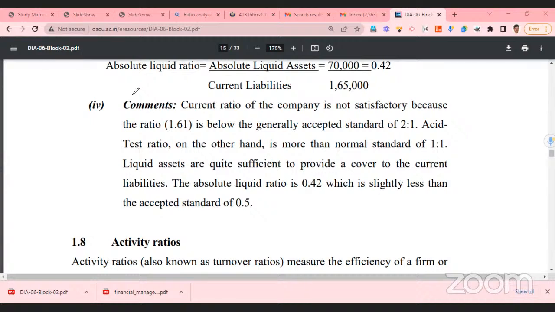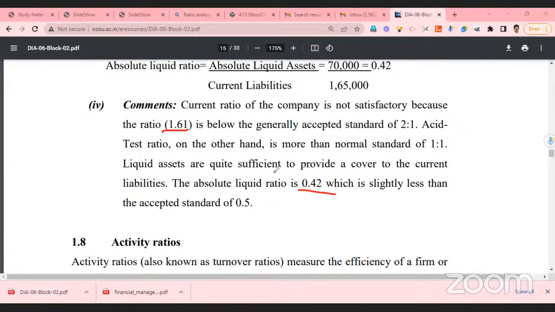The absolute liquid ratio is 0.42, which is slightly less than the accepted standard of 0.5. Out of three ratios, two are less than standard and only one is higher than standard. On the whole, the liquid ratio is good. The remaining two ratios are not good.